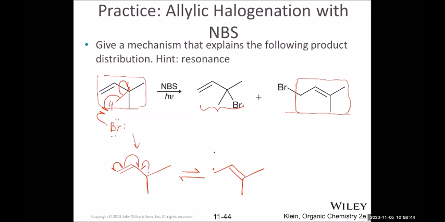So this is basically the explanation. In the very last step, this radical will react with the bromine atom or react with HBr, whichever way will give us the final product. And the reaction to get to the final product typically is a reaction with HBr.